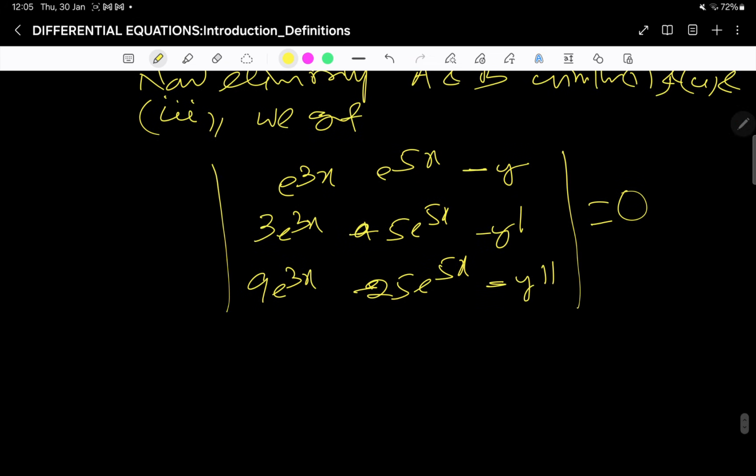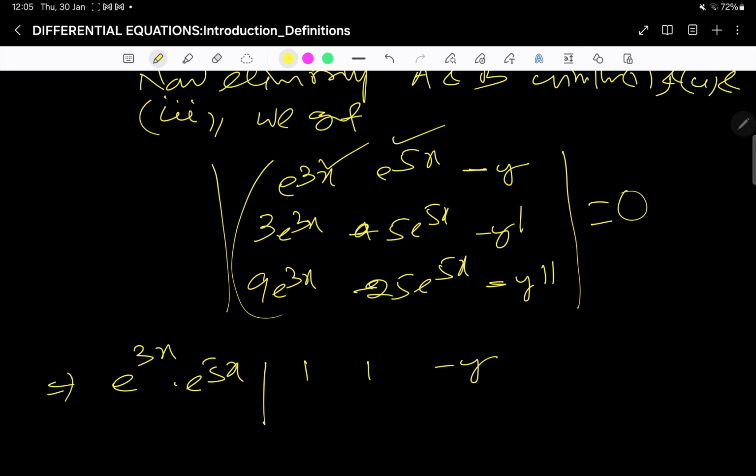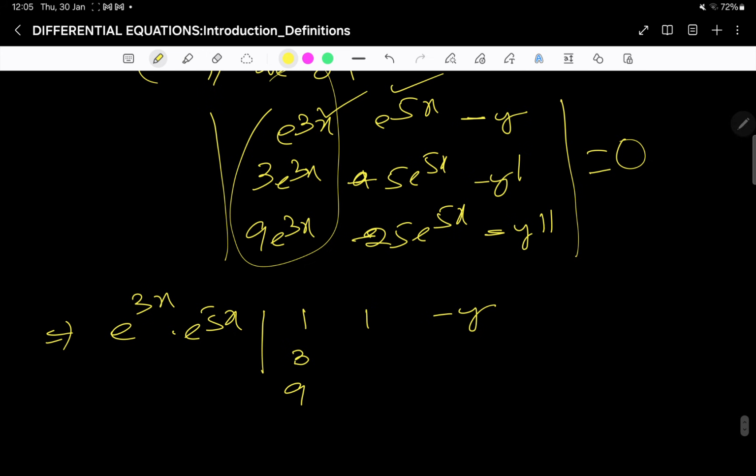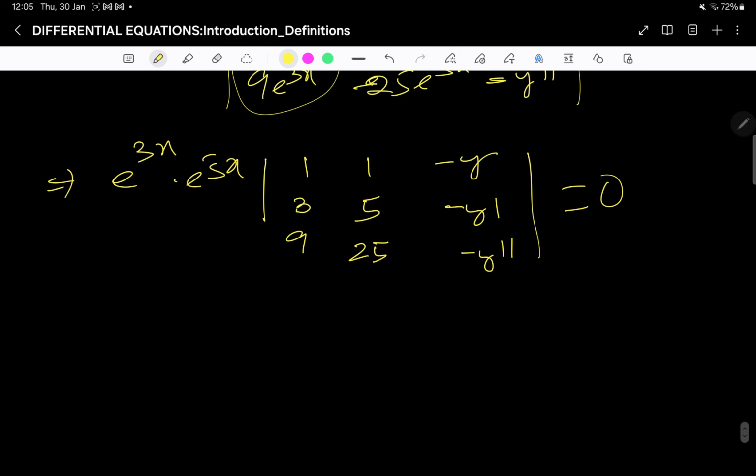If I take common e^(3x) and e^(5x), then it will give me 1, 1, minus y. From this I take common e^(3x), then it is 3, this is 9, and here 5 e^(5x) taken common, this is my 25, and this is my minus y', minus y''.